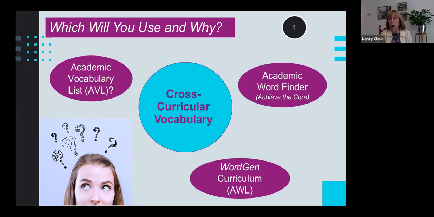So there are going to be times where the Academic Word Finder is not going to be enough either, which is why I, as an ex-middle school teacher, even though life has changed since I was in the classroom, know you need more than one tool. You can't just rely on one tool, and each one has advantages and disadvantages. So you have to know how to use them all together. But the more tools you have, the better off you are, and you'll get good about knowing what each one's going to offer you. That's going to be very helpful.